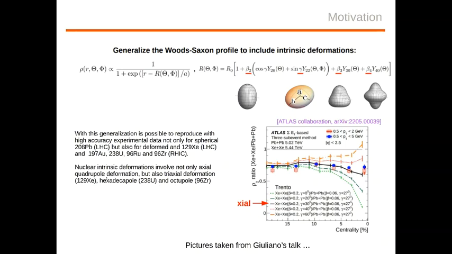In some of these cases, the intrinsic nuclear deformation involves triaxial deformation, like in xenon-129, hexadecapole deformation, like in the uranium case, or octupole deformation in the case of zirconium.